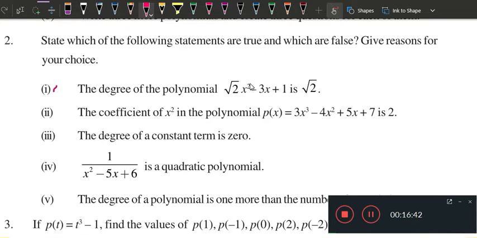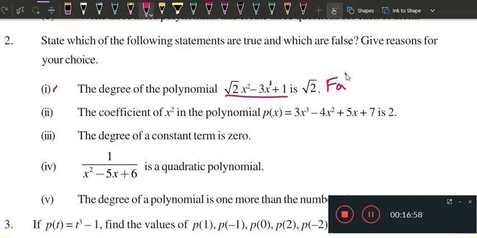Here power of x is 2, here power of x equal to 1, here power of x equal to 0. Which is the highest? 2. So 2 is the degree of this polynomial, but they have given us root 2. So it is false.